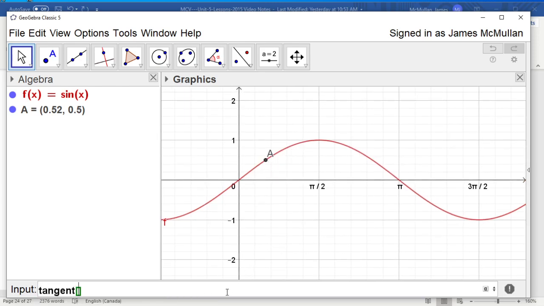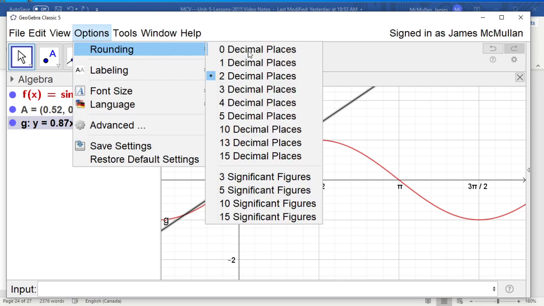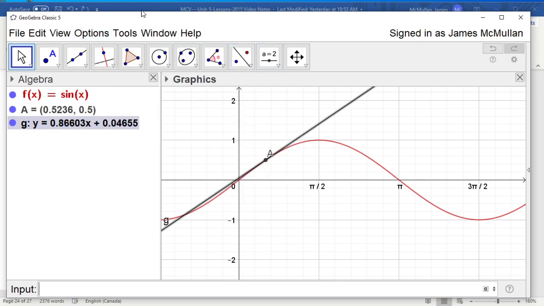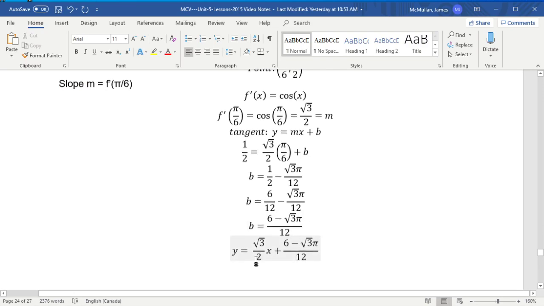Now the tangent is that. Of course, you could check more decimals and see if that works that way, but let's try and type in what we have.